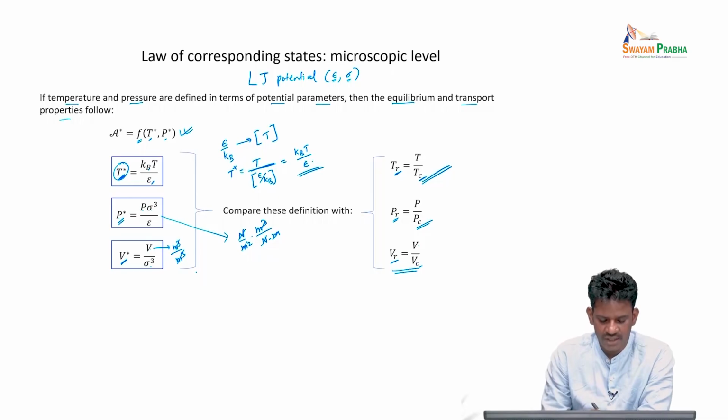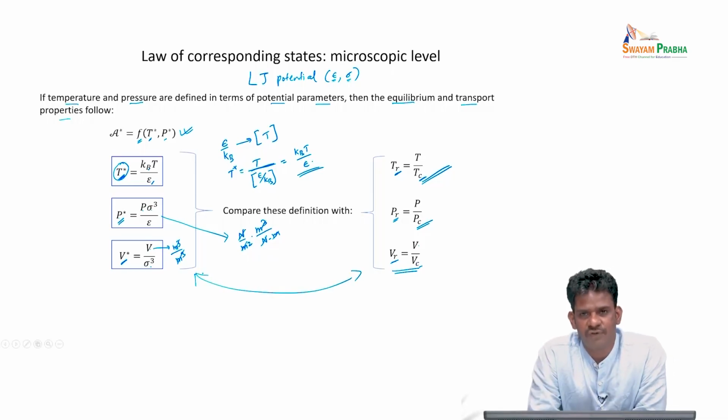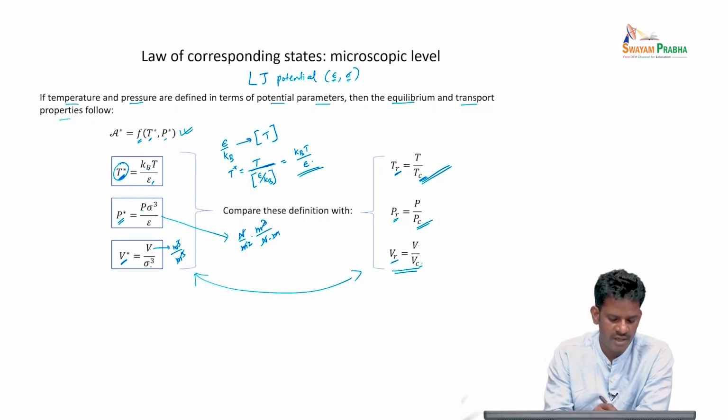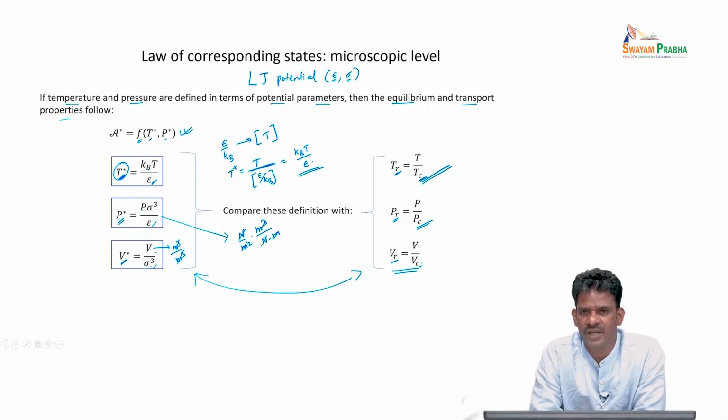So, these are two different ways in which temperature, pressure and volume can be normalized or reduced, with respect to either macroscopic critical constants or molecular parameters such as sigma and epsilon for the Lennard-Jones potential.